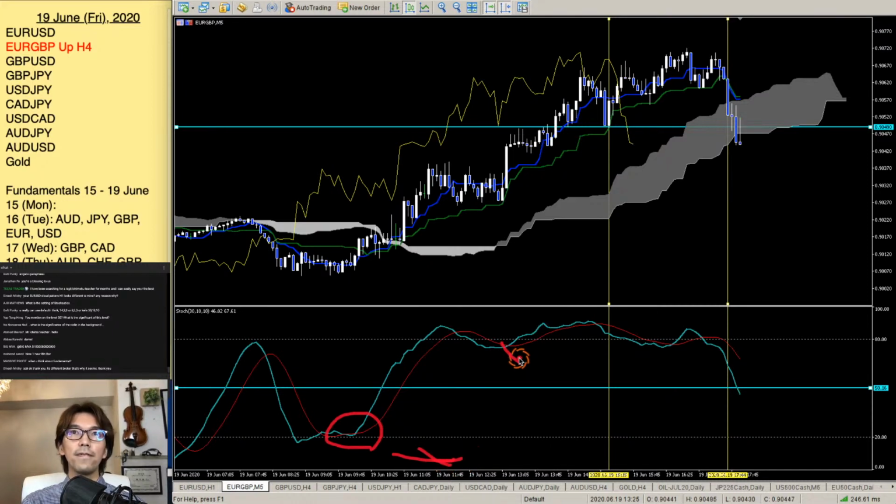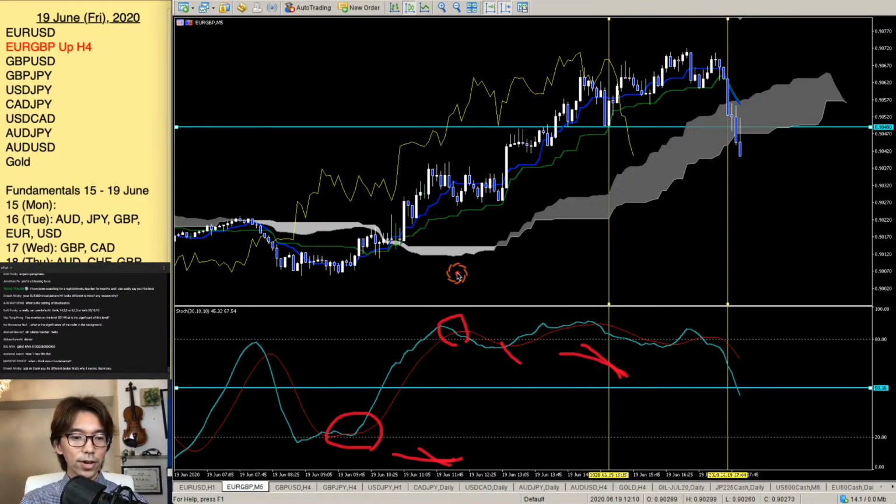And if it's dead crossing above the 80% level, that would be more reliable. And if it's dead crossing between 80 and 50, that will be another reliable dead cross. And that's what I mean by the 50% level being very important.